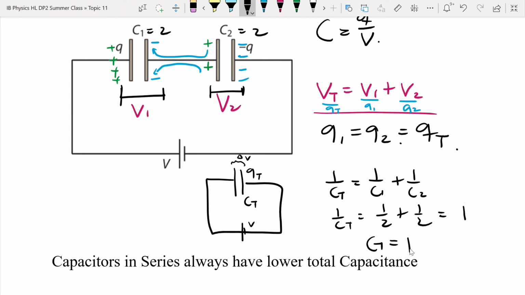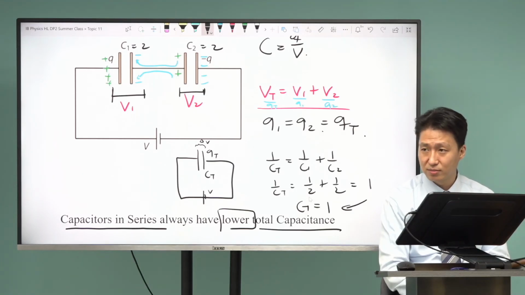Notice what happens: capacitors in series always have a lower total capacitance. The capacitance went down. You don't add them. If you put them in series, you get a worse capacitor. So you probably don't want to use series capacitors. What's the point? It just makes it store less charge.